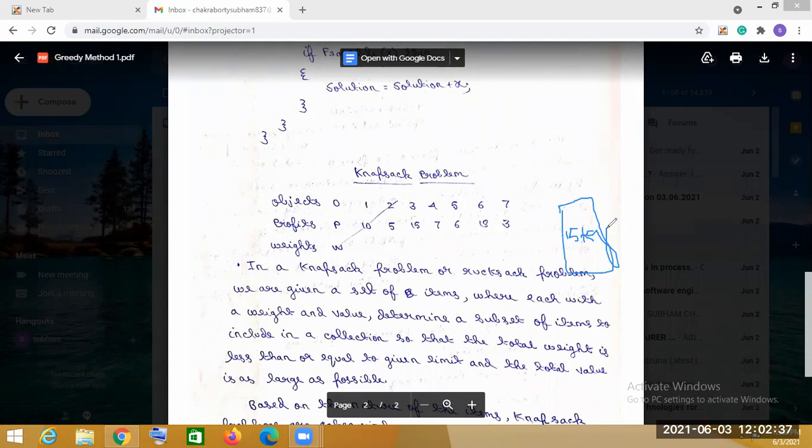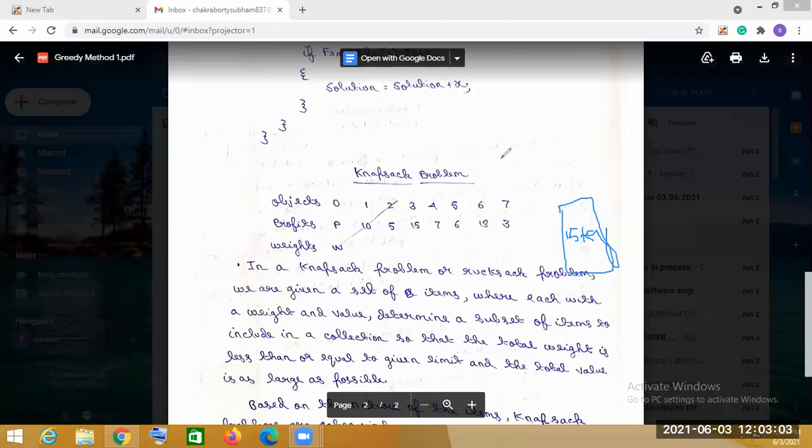The knapsack problem says that the limit of the bag is given, so we have to put the elements into it one by one, and such weights should be included that give the maximum profit.